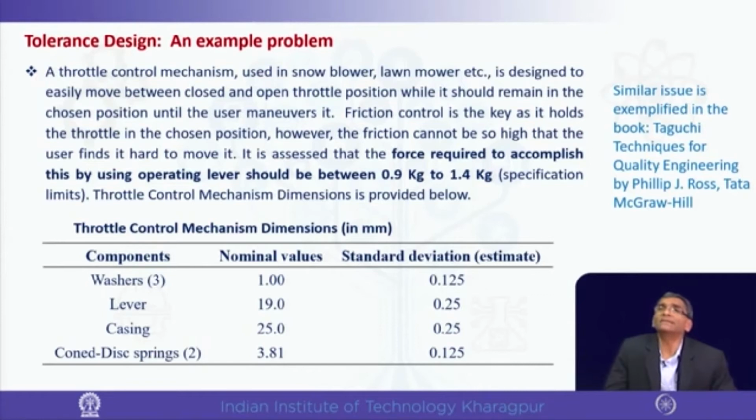This example is self-explanatory, and here we would deal with a throttle control mechanism. The throttle control mechanism is a kind of product which is used in many places. It is used in snow blowers, mist blowers, lawn mowers.